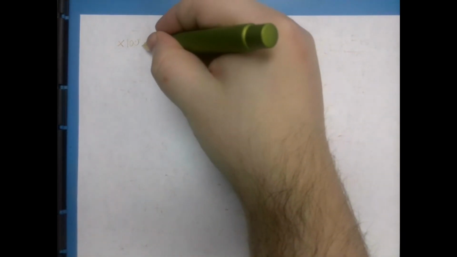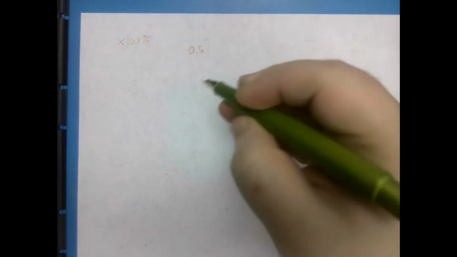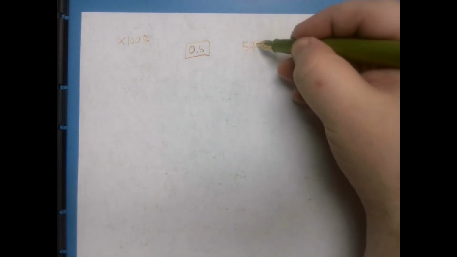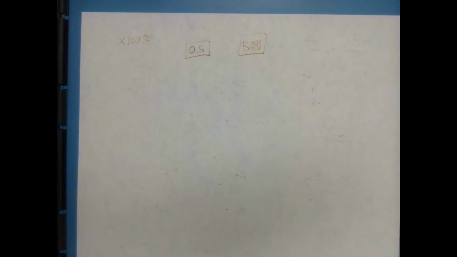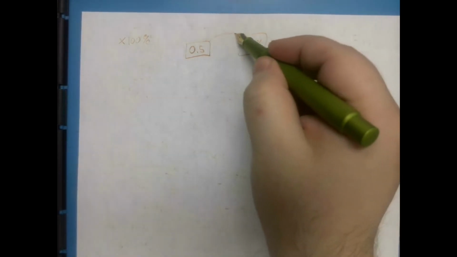You multiply by 100%. I will say that this 0.5 is 50%. I will call this 50% and I will call this 50%. To me, there is no difference in these two numbers. This is 50%, this is 50%. This is 0.5, that is 0.5. Mathematically, they are equivalent.